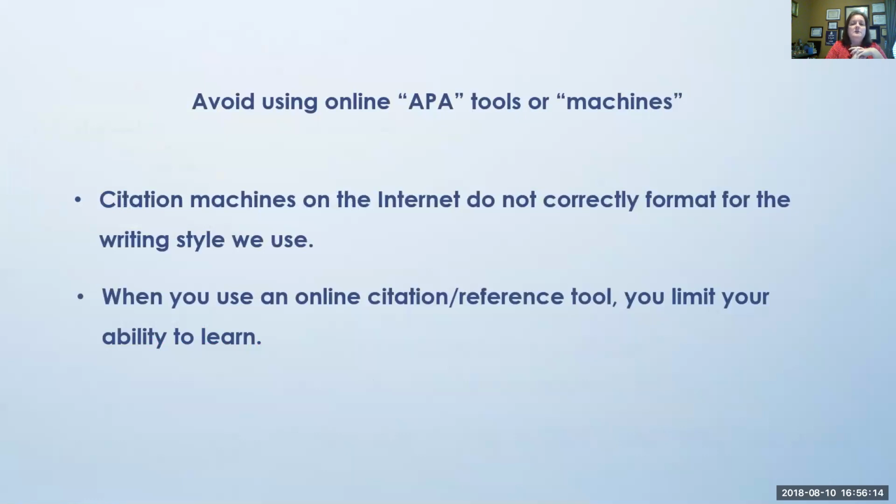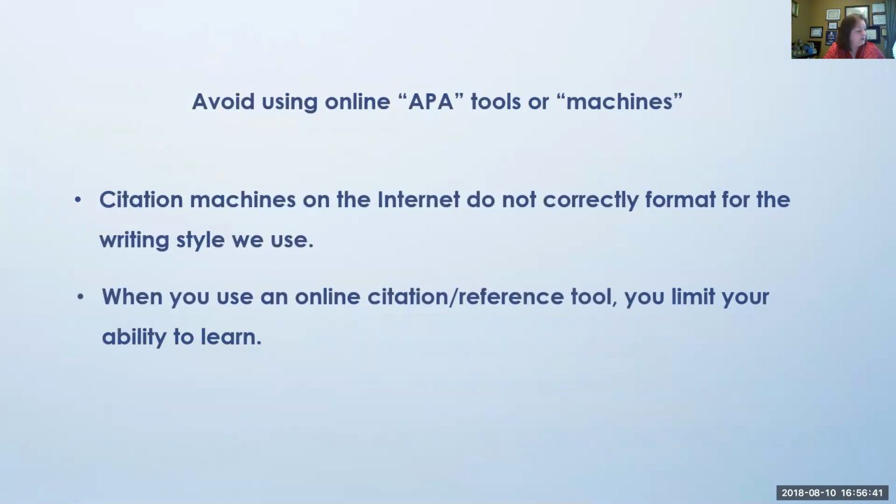But just know that these citation machines do not always correctly format your references. So I just recommend that you follow the format that I've shared. And if in doubt, buy this blue book. I don't make any profit from it, but buy this blue book so that you have it by your side. And then you can look in there and say, okay, here's an example, because there's tons in here.